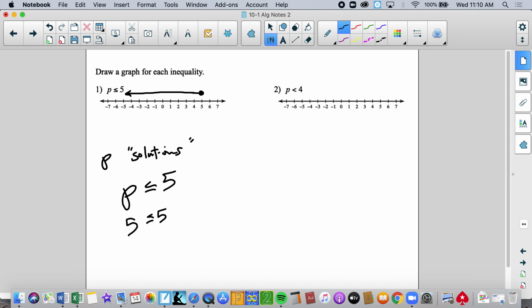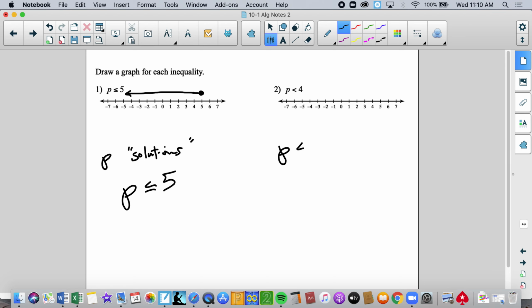We want 5 to be included, so that's why we have a closed circle over the border. We call that the border between the true values and the false values. We know the solutions are less than 5, so I knew I was going to go to the left, because values will be less and greater. So we just want the values that are less than 5.